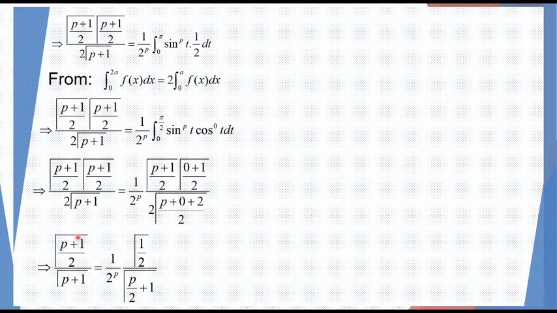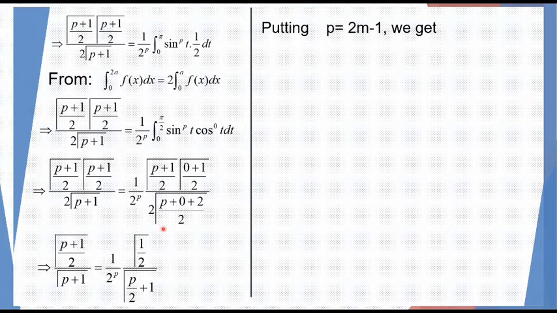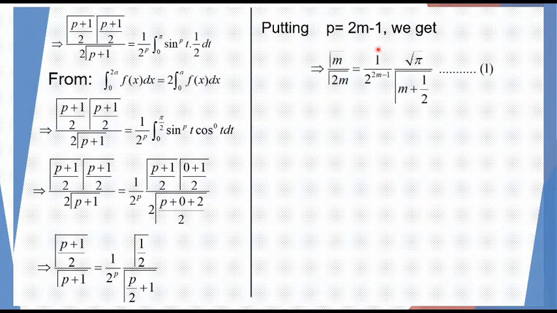So only gamma p plus 1 by 2 upon gamma p plus 1 in the left hand side remains, and in the right hand side 1 upon 2 raised to power p gamma half upon gamma p plus 1 remains. So we can write this gamma half as root pi and replace p equals 2m minus 1.